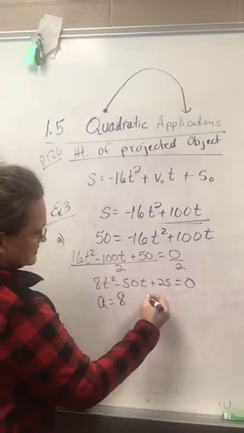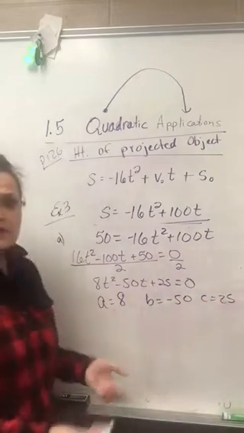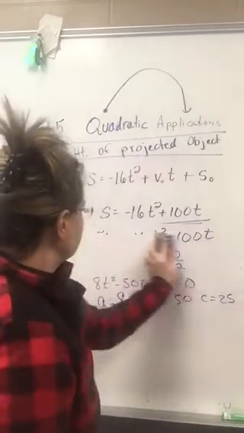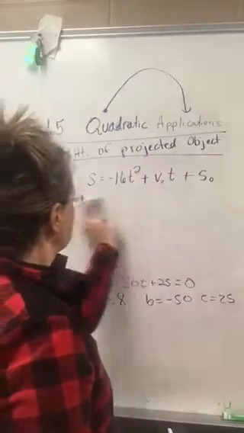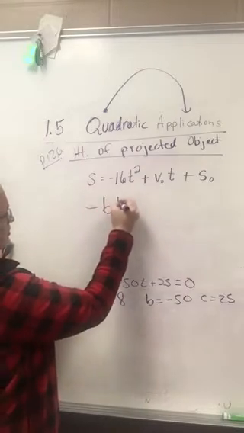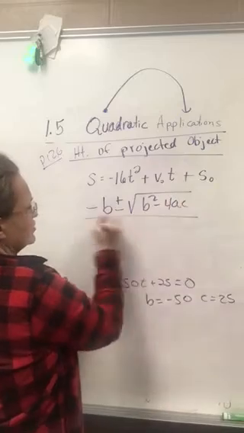So A is 8, B is negative 50, and C is 25. I'll plug that in my formula. So plugging in the formula, and we know the quadratic formula looks like this. It works for any quadratic equation.